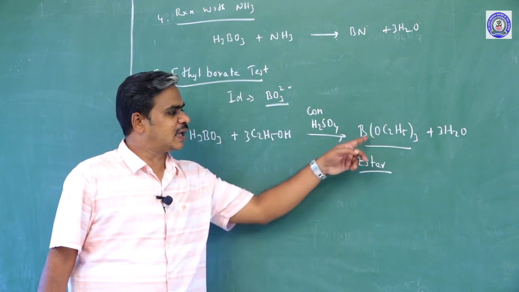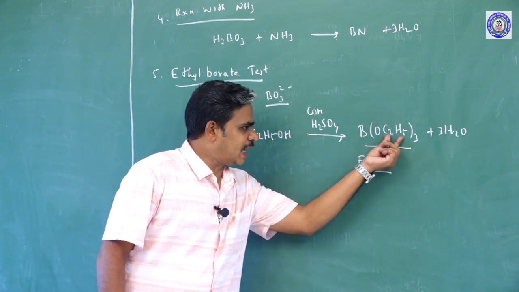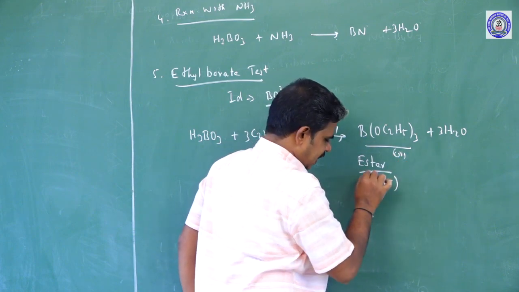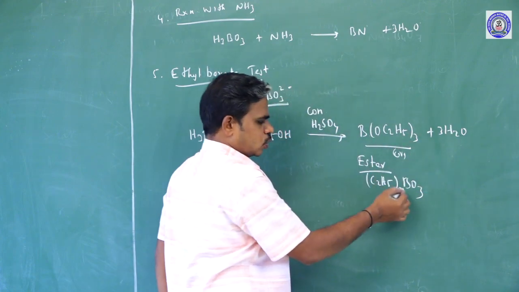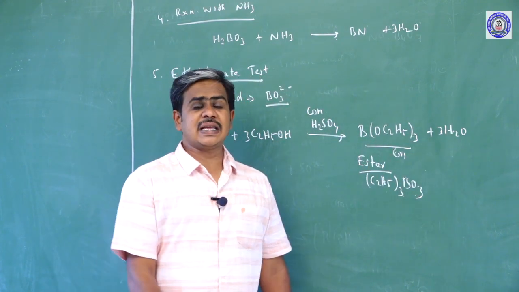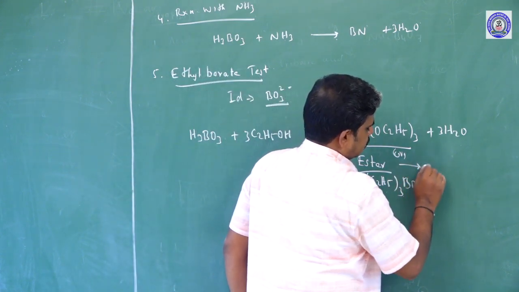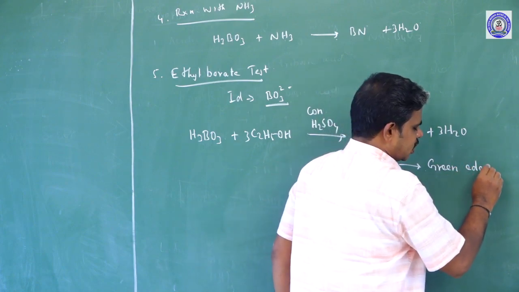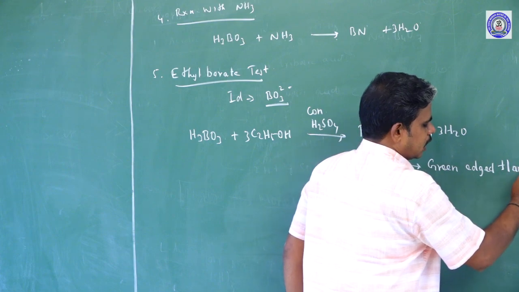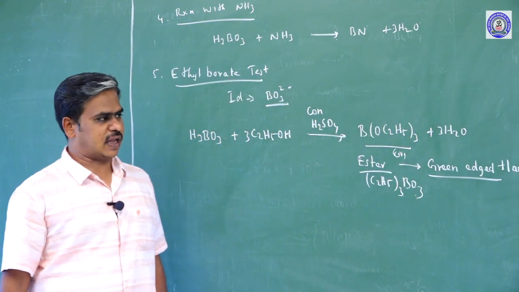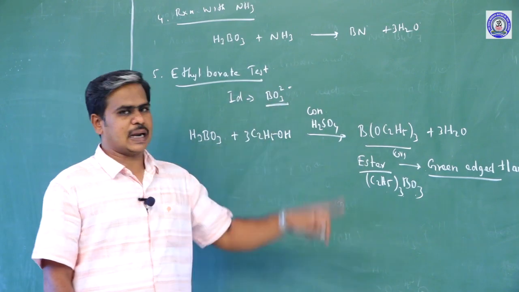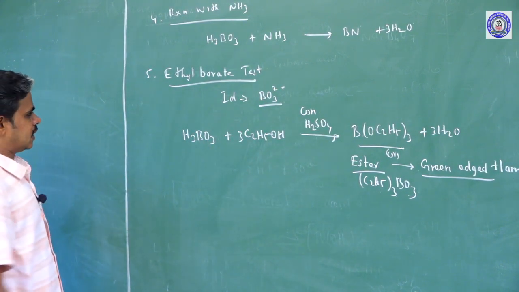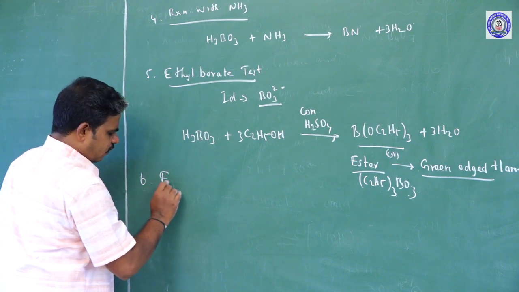The ester of ethyl borate, that is trialkyl borate, is otherwise written as (C2H5)3BO3, and it produces a green edged flame in the Bunsen burner, so that we may identify the borate radical present in a salt. So it is the ethyl borate test.